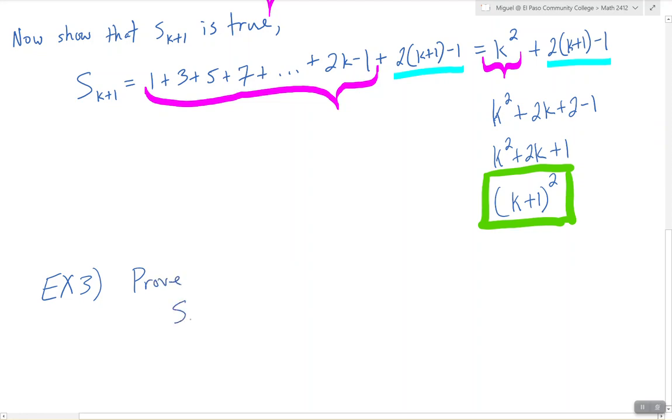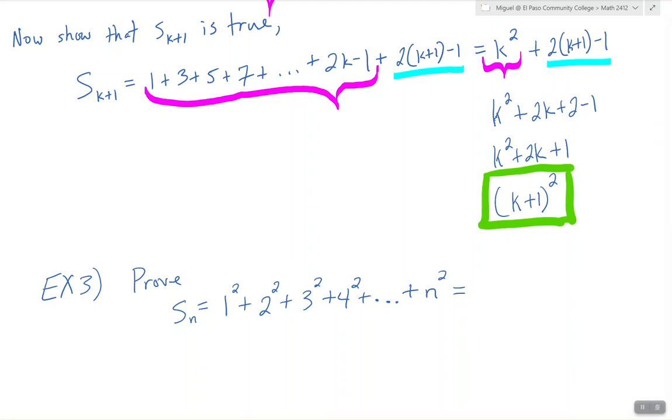This is S sub n is equal to this sum, 1 squared plus 2 squared plus 3 squared plus 4 squared, all the way to whatever n you stop at, squared. The actual answer to this is given by the formula n times n plus 1 times 2n plus 1 over 6.